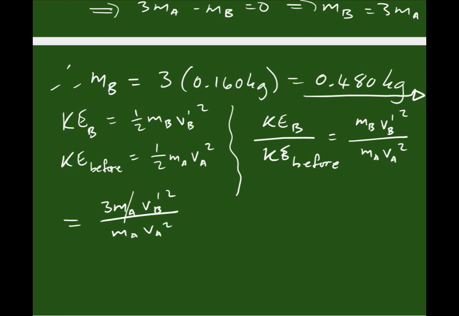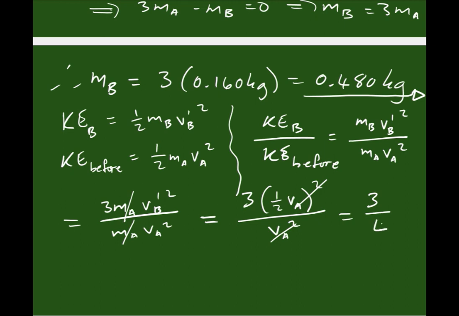So the MA's cancel, and then we also remember that VB prime is a half VA, so we have 3 times a half VA squared over VA squared. So the VA squared cancel. A half squared is a quarter, so this is just 3 over 4. And that's actually the correct answer.